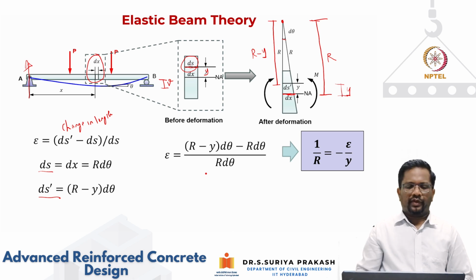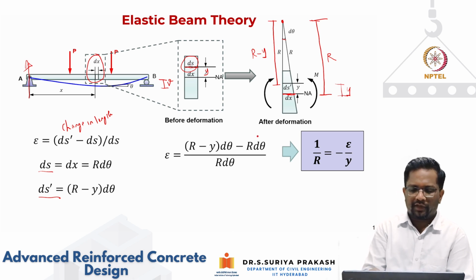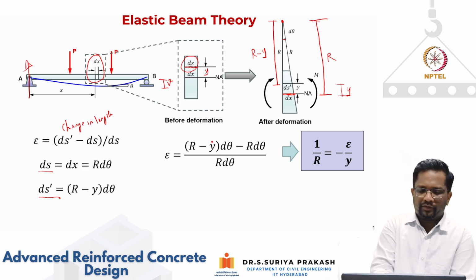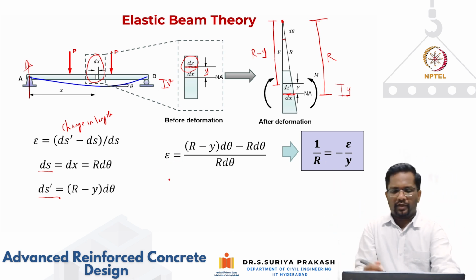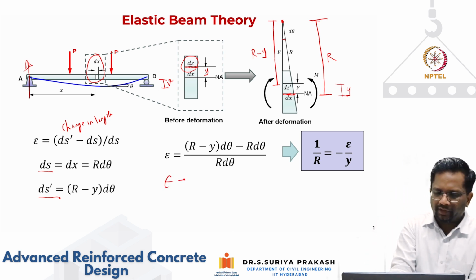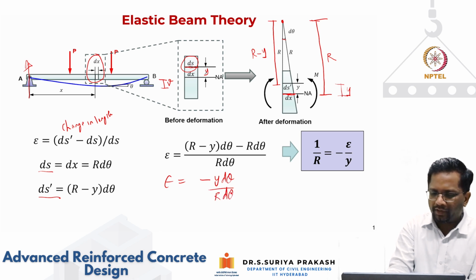So if you simplify this, r d theta will get cancelled, and epsilon is nothing but basically minus y d theta by r into d theta. So d theta will get cancelled.